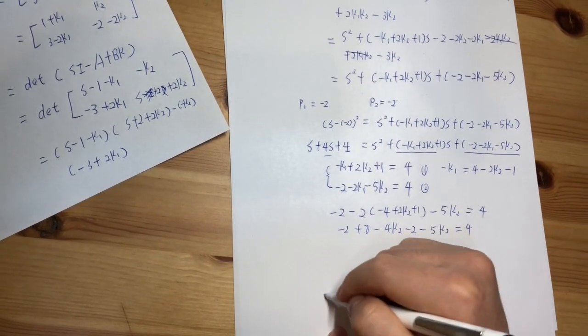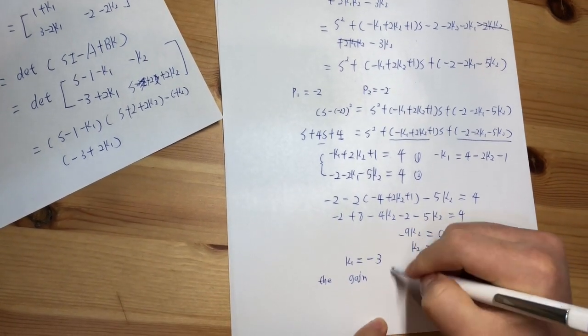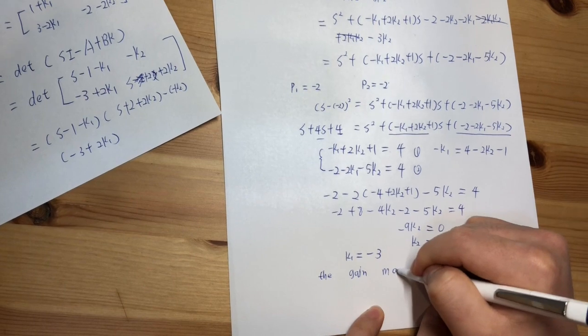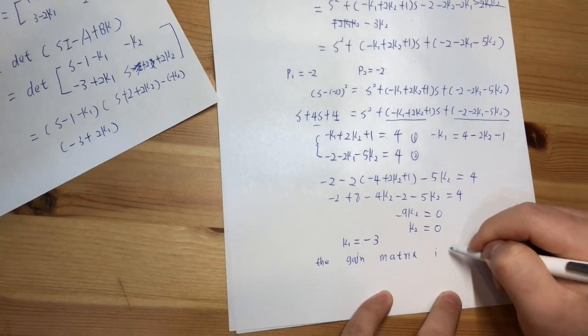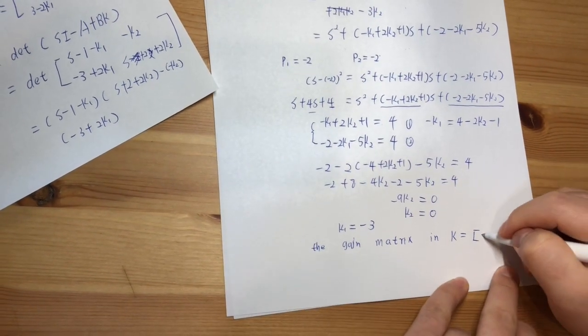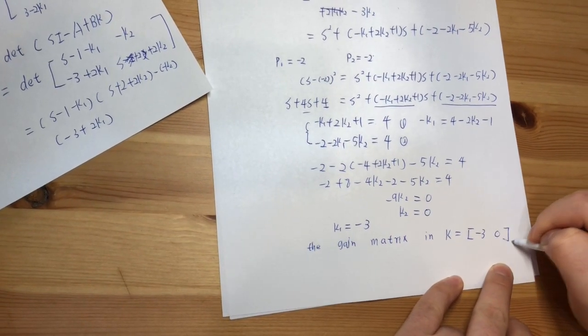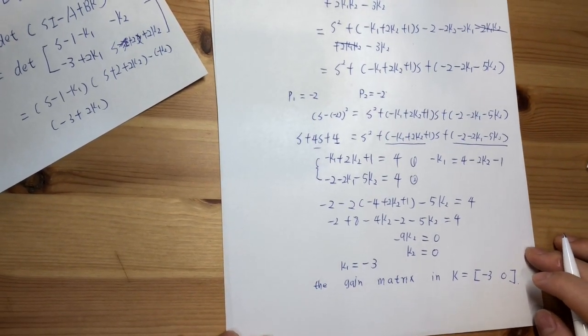So the gain matrix is K equal to [-3, 0]. And then we solved this example.